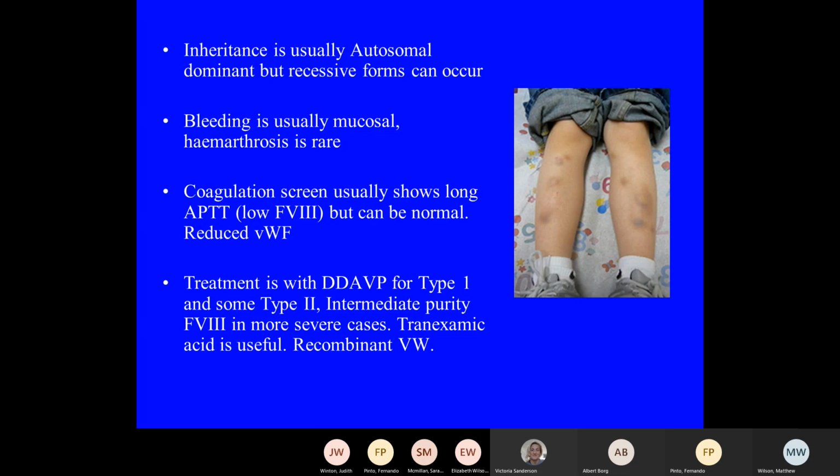And now, finally entering the market, is the recombinant form of the von Willebrand molecule, which we will start to use soon as well, because it's just been approved and we're now buying it. You will probably see it on the ward at some point. Next.